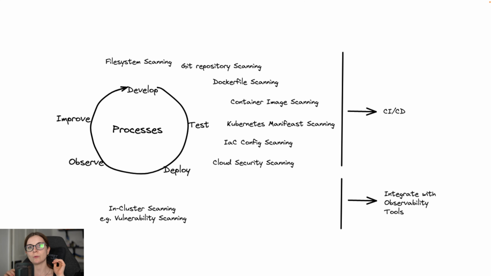At each stage, we can do different types of, for example, security scanning. So when we develop the application, we can scan packages, remote Git repositories for security issues. Then when we define our infrastructure as code configuration, we can scan that for misconfigurations. We can scan base container images for misconfigurations or for security issues.